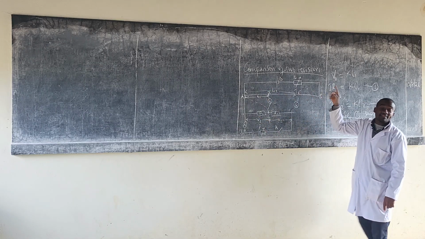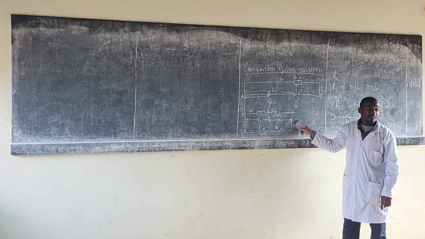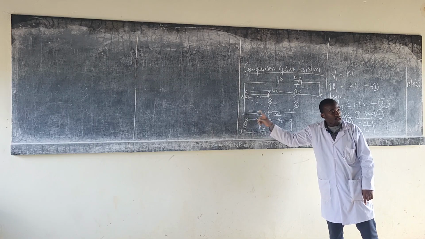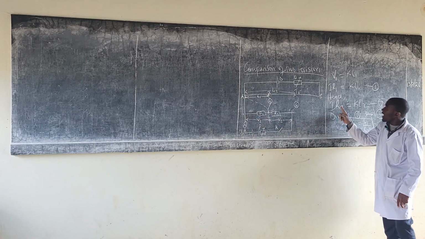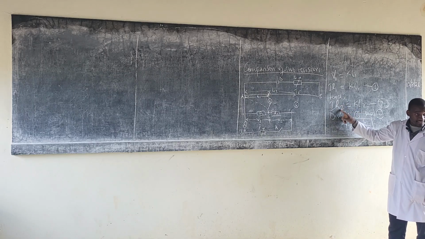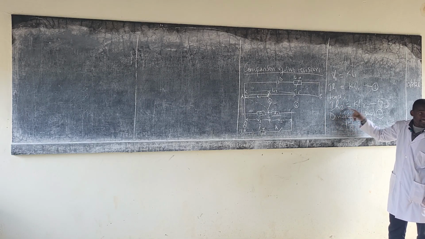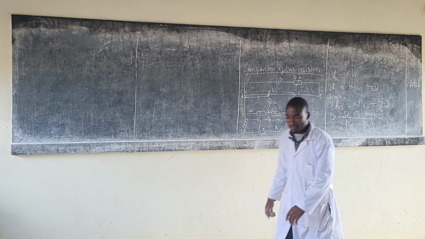So when you are taking V2, it will be running from here to here, of which the resistance is going to be effective and the two resistors are in series. So your IR2 in this case will be I into R1 plus R2. Are we together? As we are seeing in this example.